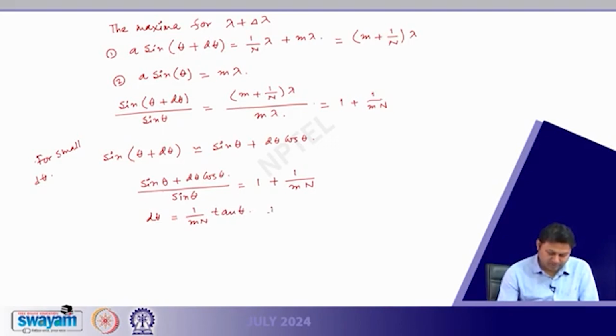So, that is one equation again, and also we have A sin theta is equal to m lambda, and from there we also calculate that d theta is equal to m d lambda divided by A cos theta.